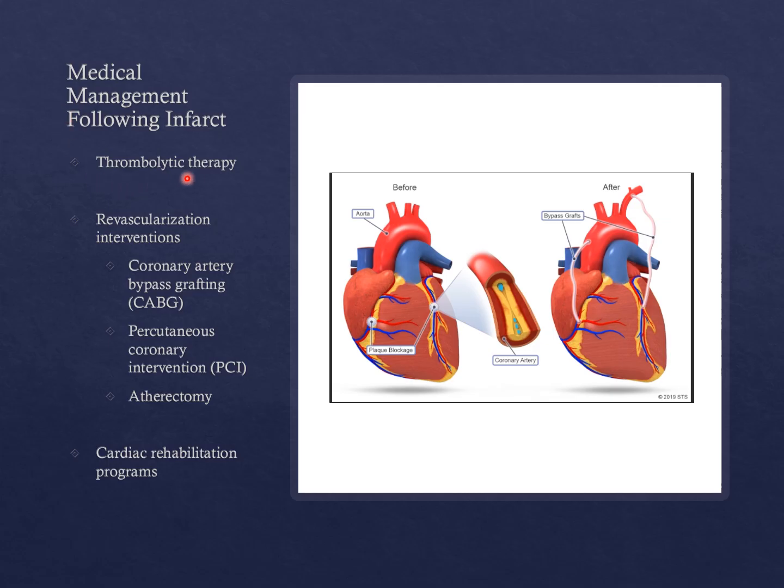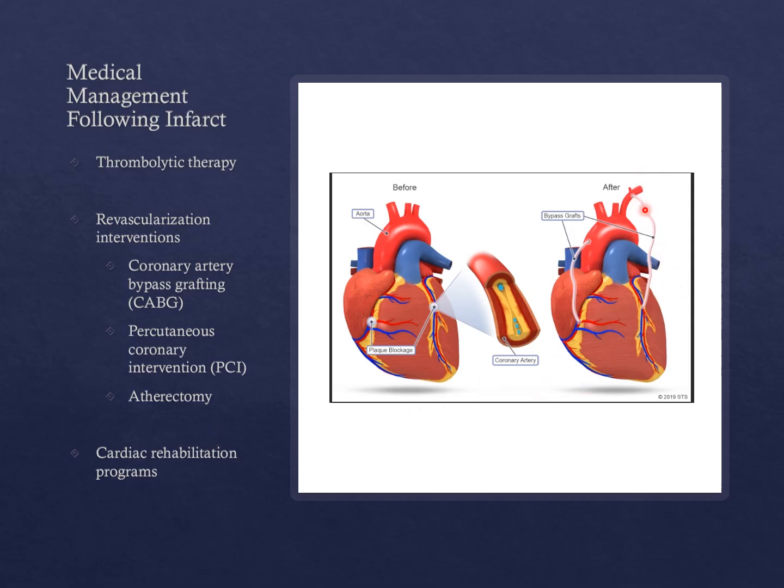But one medical management piece might be something called thrombolytic therapy, where we administer medications that are meant to break up or dissolve clots. But there are other what we call revascularization interventions. So one is coronary artery bypass grafting or CABG, and that's an open heart surgical procedure where we take a blood vessel, oftentimes large veins from the legs, and we reestablish blood flow.